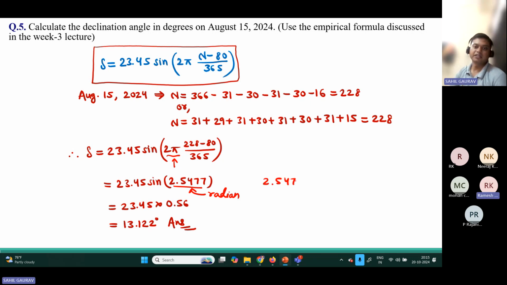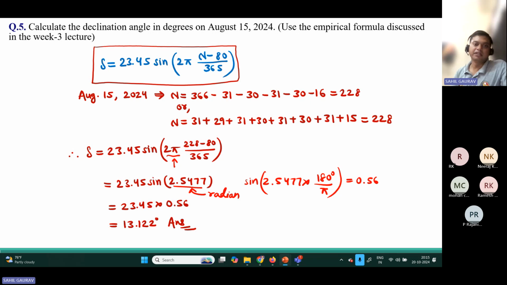If you convert this radian value into degree, it will be 180 degree upon pi, and then find the sine term, then you will get the same value, that is equal to 0.5. So this you have to just remember.